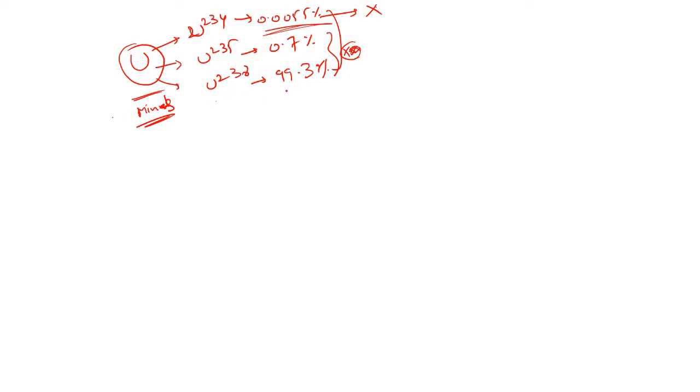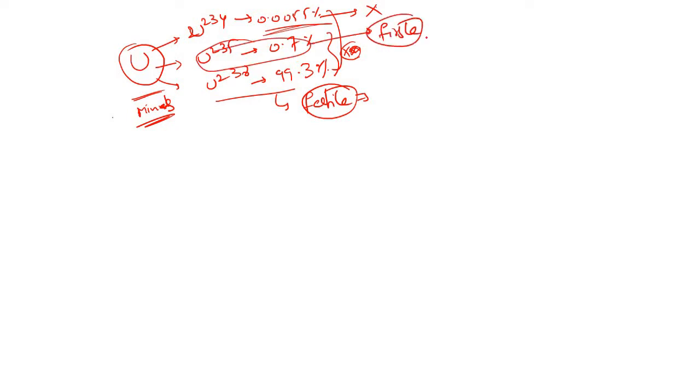But see, uranium-238, as we discussed, is fertile in nature, meaning we can't directly use it to produce energy. Uranium-235 is the only one which is fissile, meaning we can use it directly to produce energy. But its quantity is very small, and the quantity of uranium-238 is very high. So our target is to increase the uranium-235 quantity.